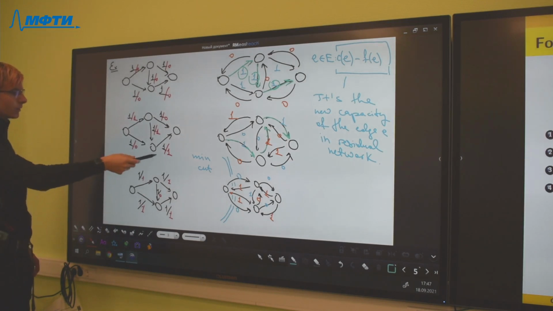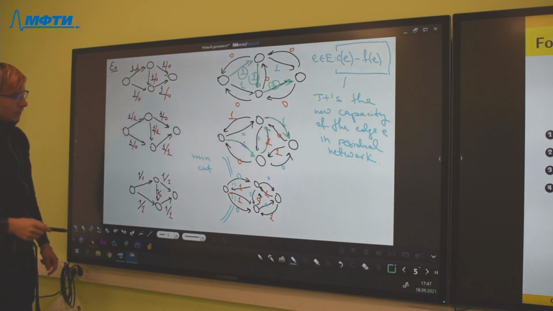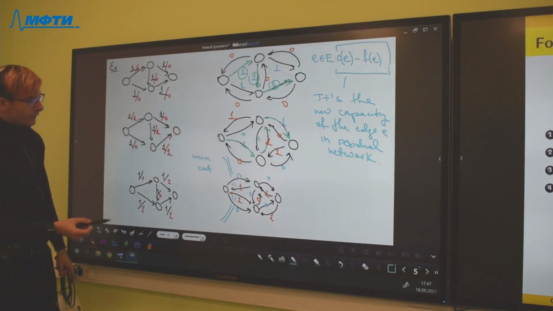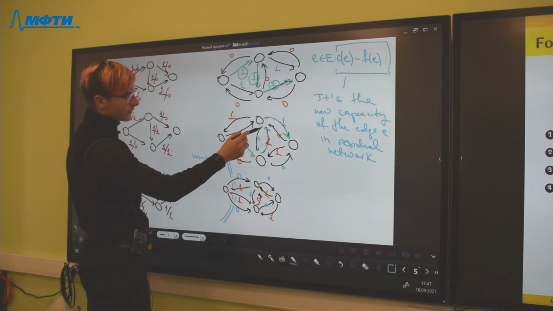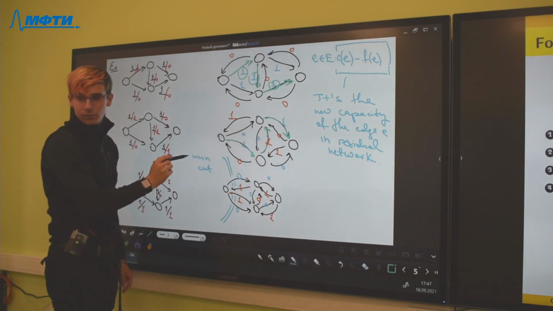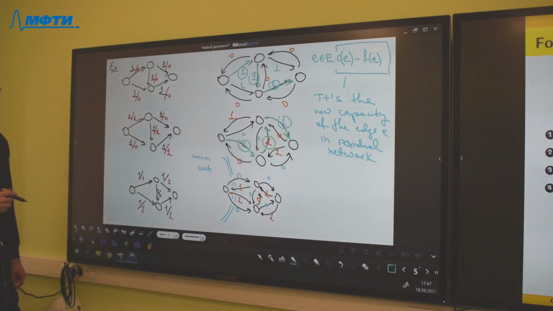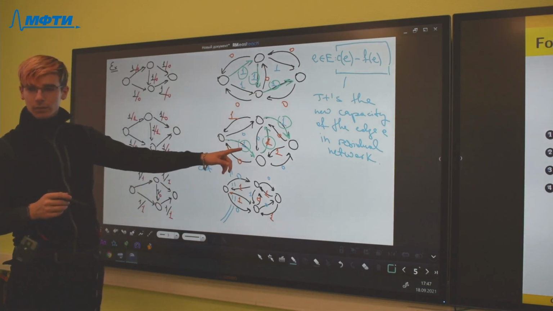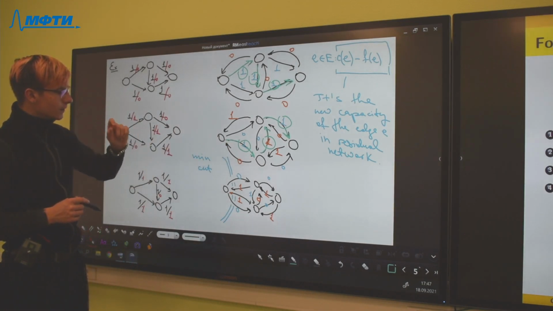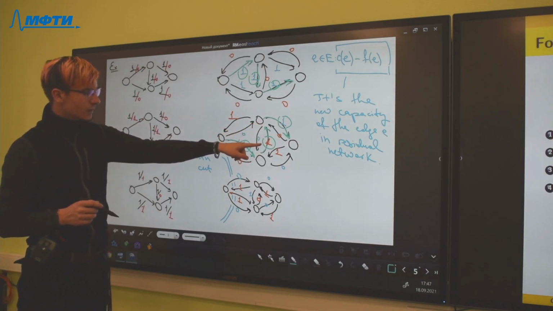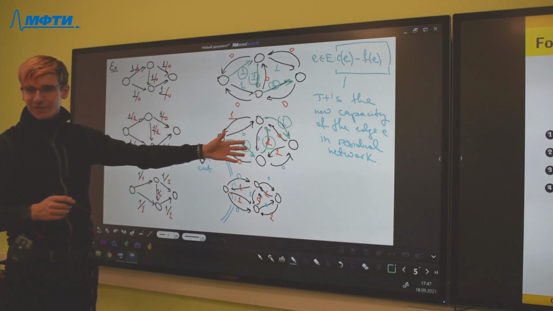Then we repeat our building of the residual network, and we see there is another path from source to sink that contains edges that have capacities bigger than 0. Yep. So now we have this edge in orange.